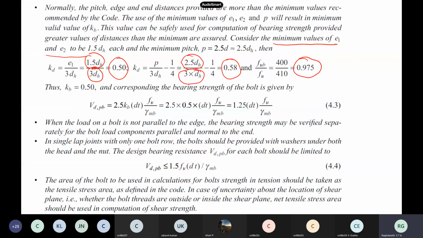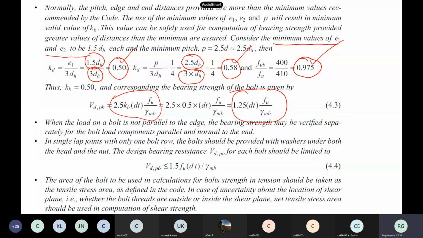What is the minimum value? The lowest value is 0.5. So if you take the minimum values specified by the code, the expression that comes into picture is approximately 1.25 times dt fu by gamma mb.